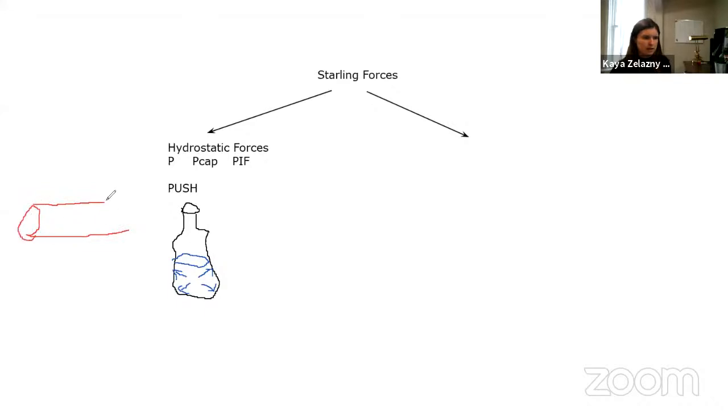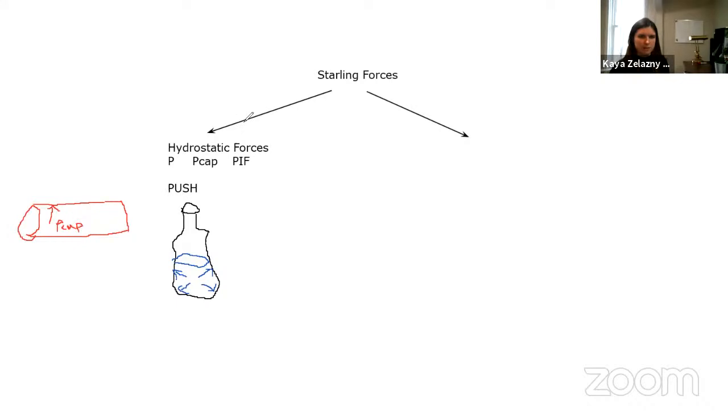Have one end, our arteriolar end, we've got our venous end, okay? So our hydrostatic pressure of the capillary is the force of the blood pushing on the walls of our capillary, okay?